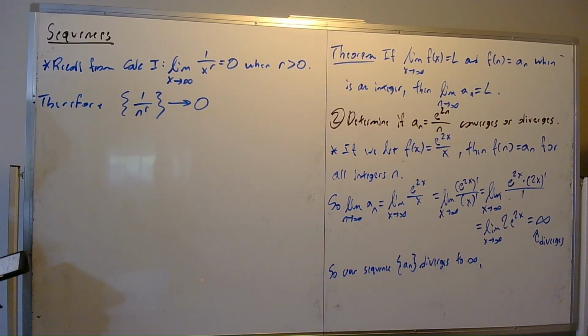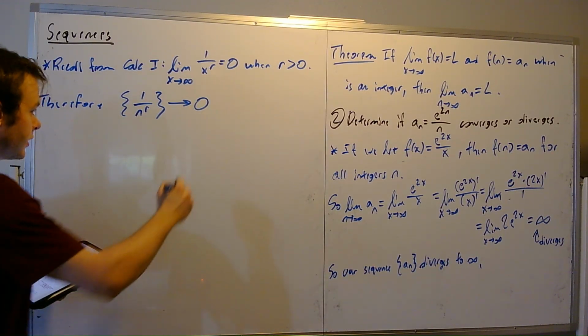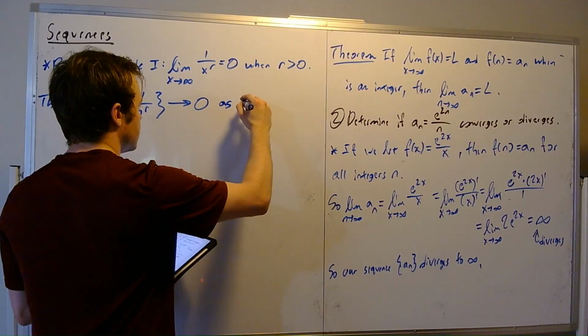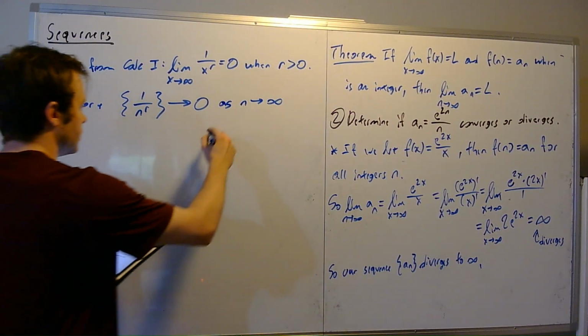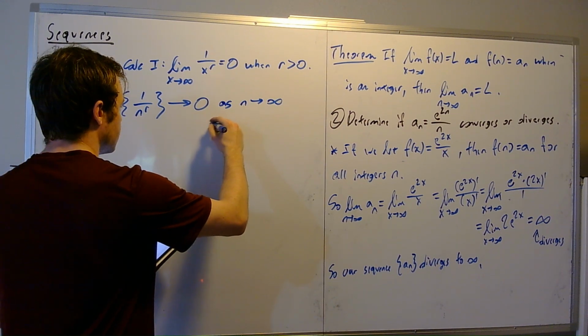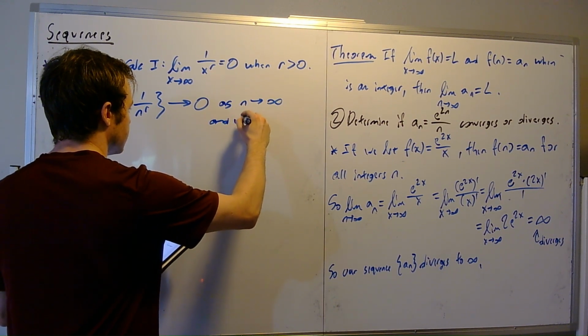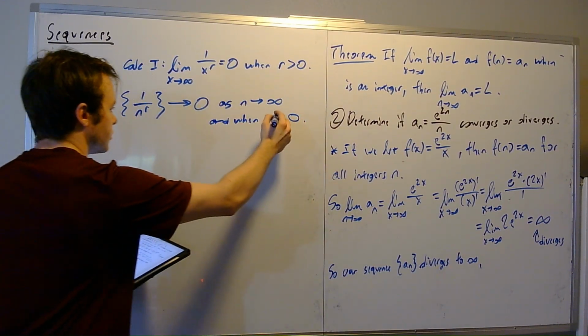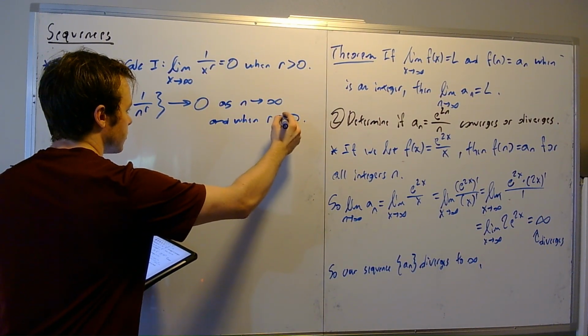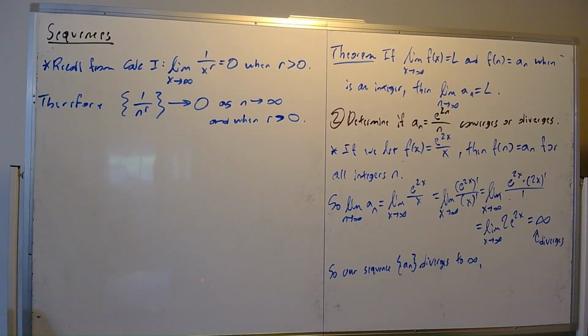So this sequence goes towards 0 as n goes to infinity when r is greater than 0. You still need r to be greater than 0, but as long as r is a positive number, this sequence is going to go towards 0. We're going to use this in a little bit.